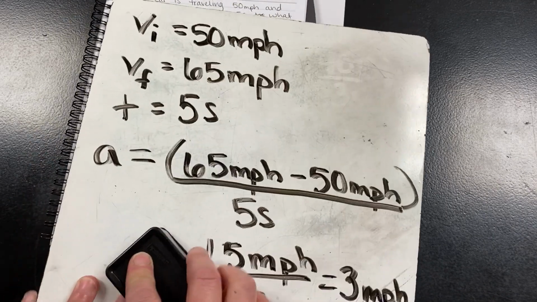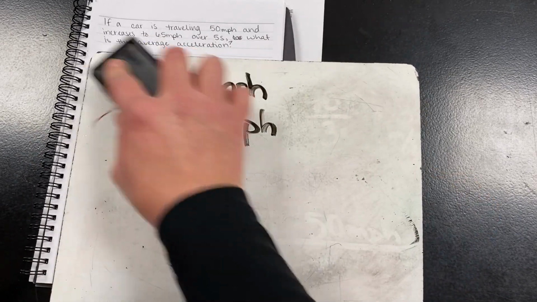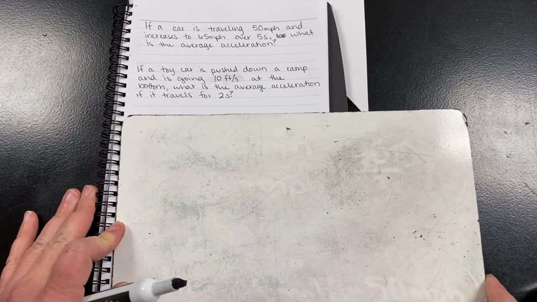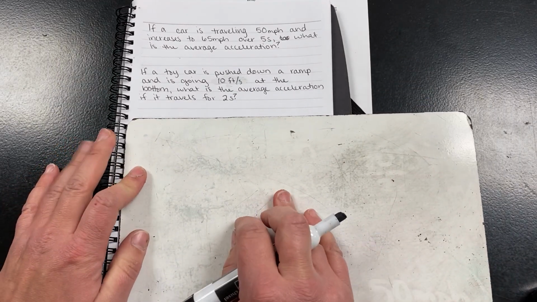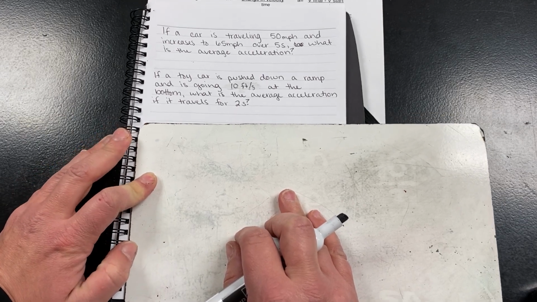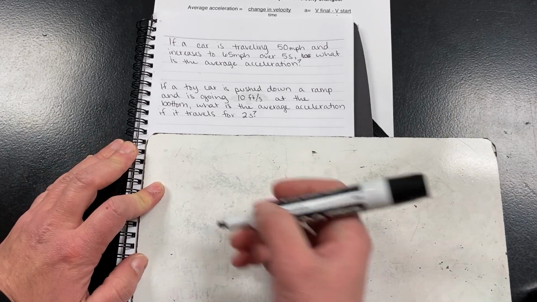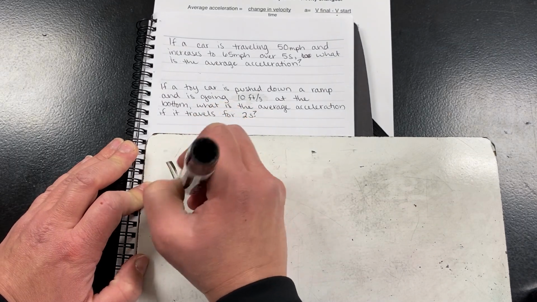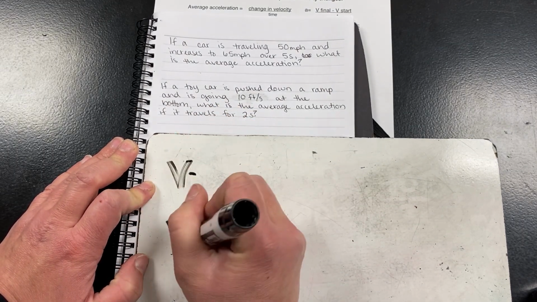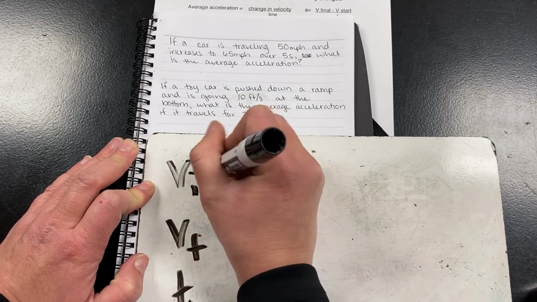Now let's go ahead and do another one. If a toy car is pushed down a ramp and is going 10 feet per second at the bottom, what is the average acceleration if it travels for 2 seconds? So we've got V initial, V final, and time.